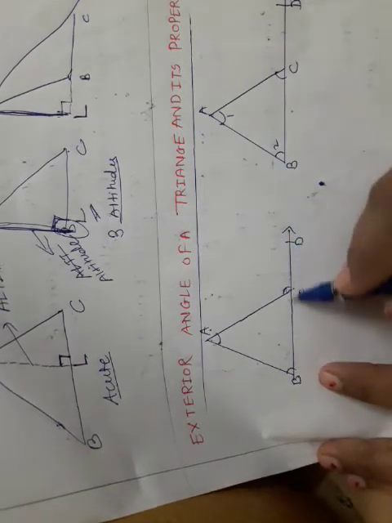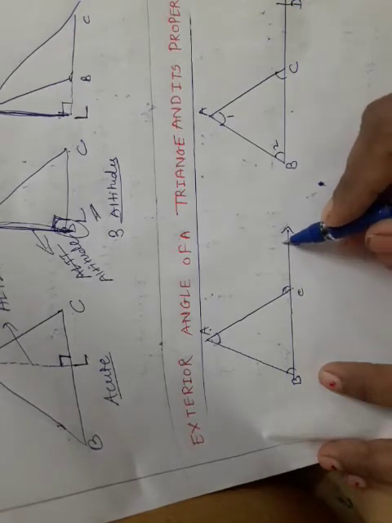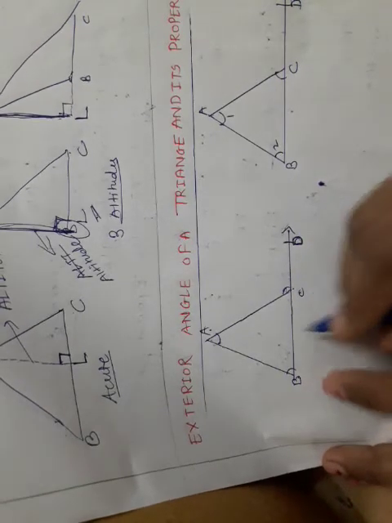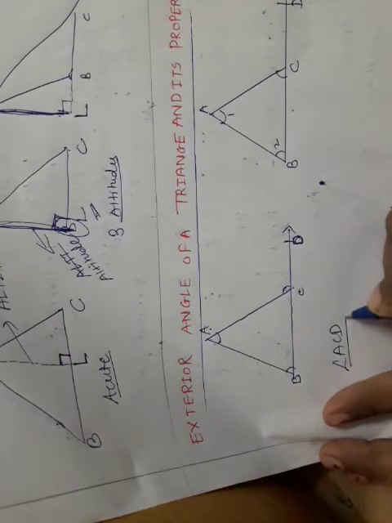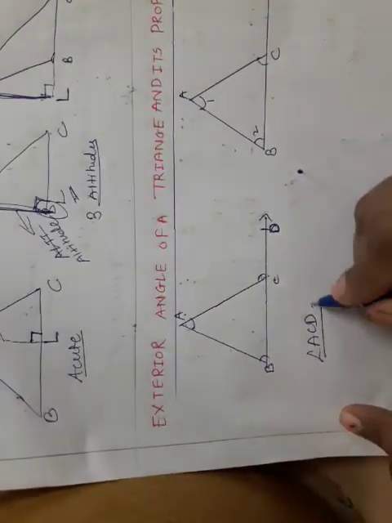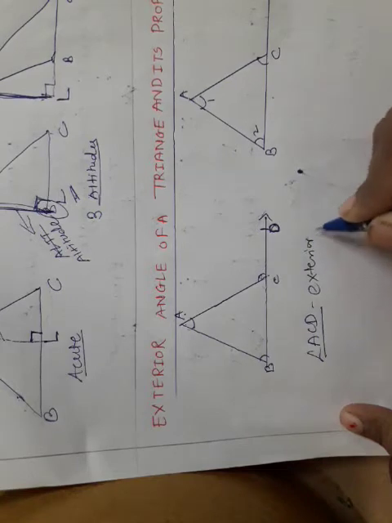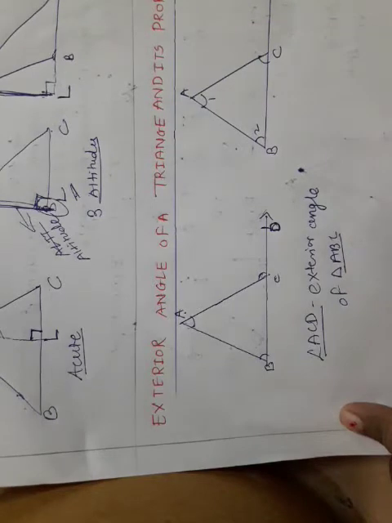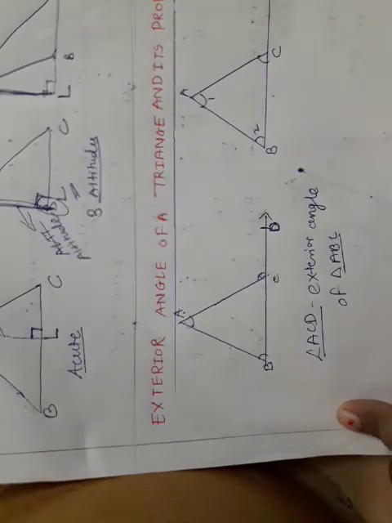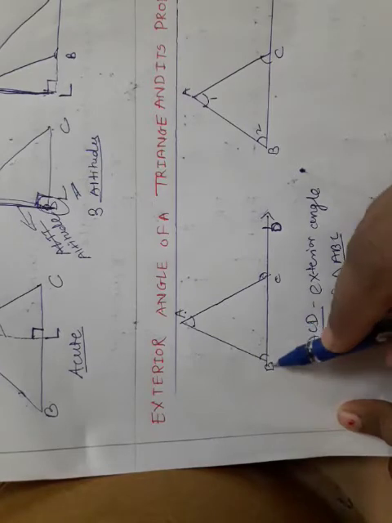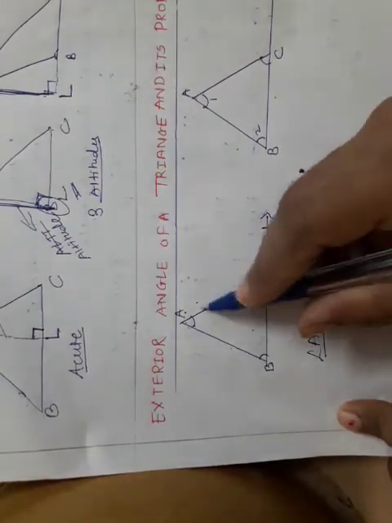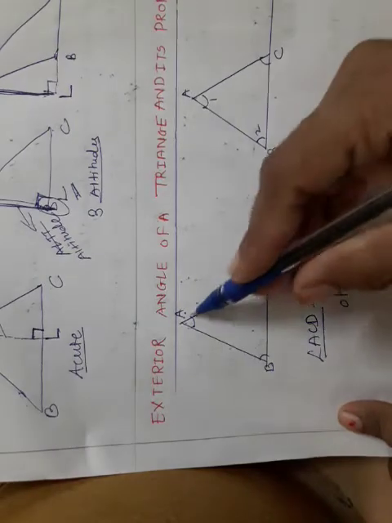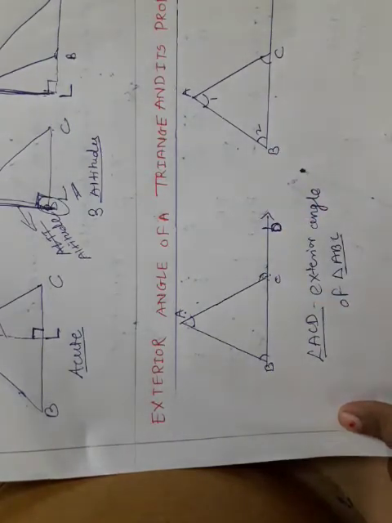I have extended this line to the point D. Now this angle ACD is known as the exterior angle of triangle ABC. And this angle BCA is adjacent to ACD.